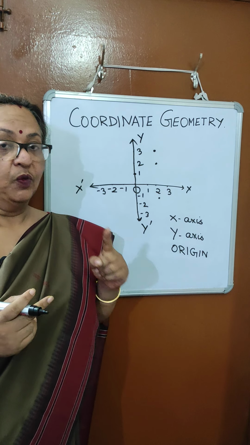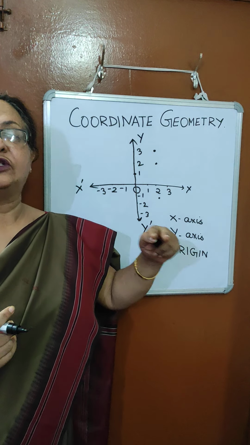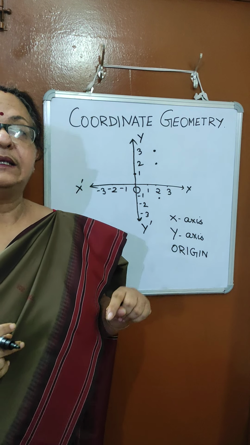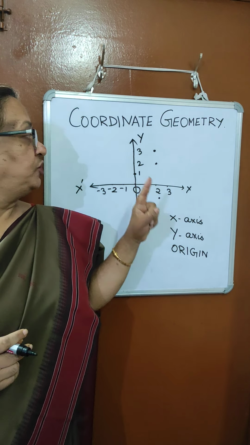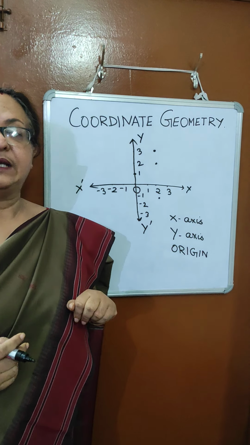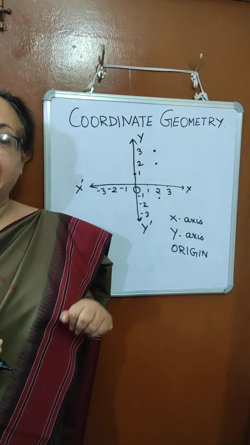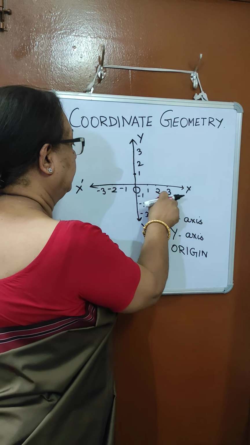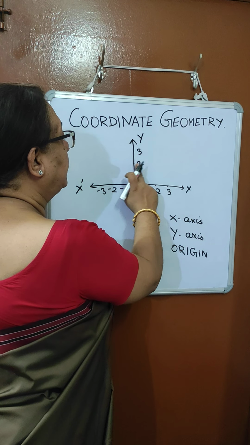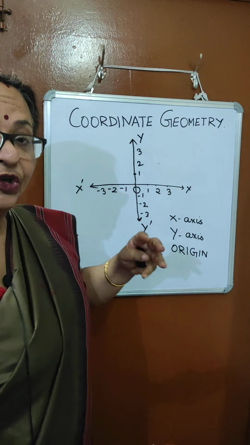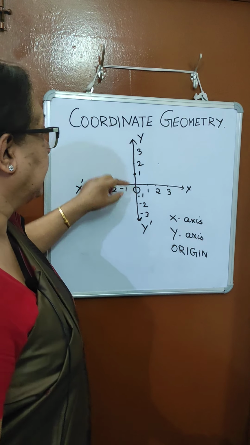I also need to mention how far it is from the x axis. Now suppose I say, please, I want a point which is 2 units away from the y axis and 3 units away from the x axis. Can we now find the point? Let us see. 2 units away from the y axis, and it has to be 3 units away from the x axis.